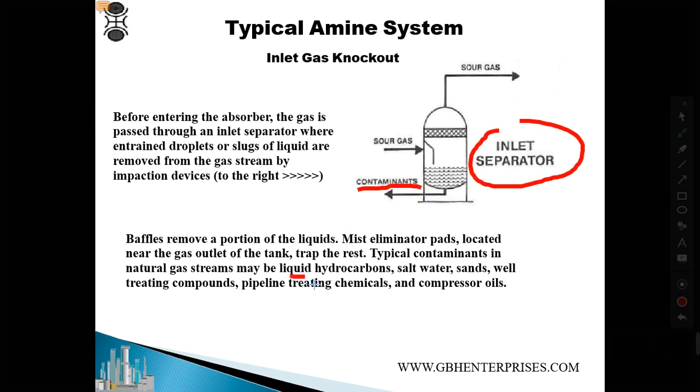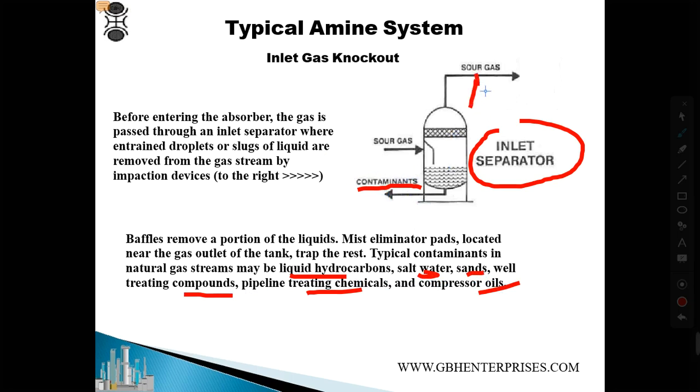Basically, it removes any liquid hydrocarbons, salt water, sand particles, any other treating chemicals or compressor oil. Any kind of impurity or contaminants, they have to be removed.